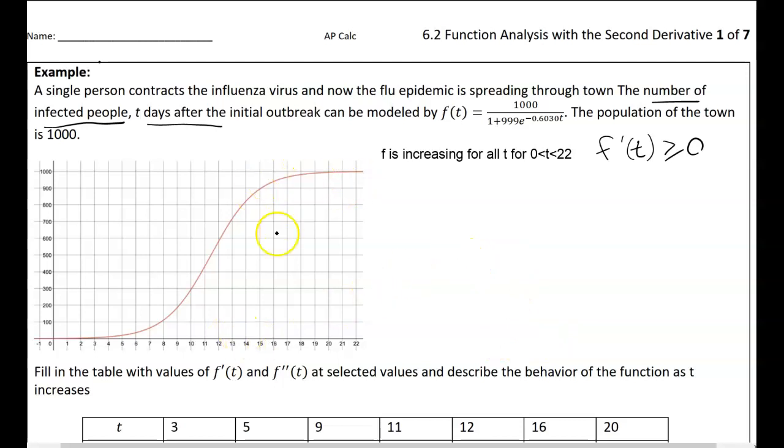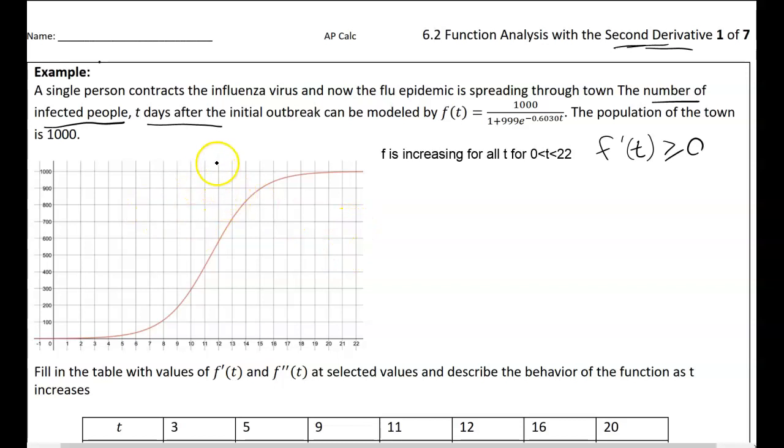Now, what I want to do now is describe how it's increasing. So here we're introducing a second derivative. The second derivative can tell us how the graph is increasing or decreasing, right? So the first derivative tells us whether it's increasing or decreasing. The second derivative tells us a little bit more.